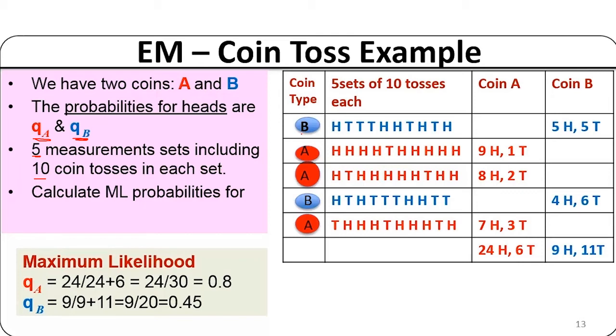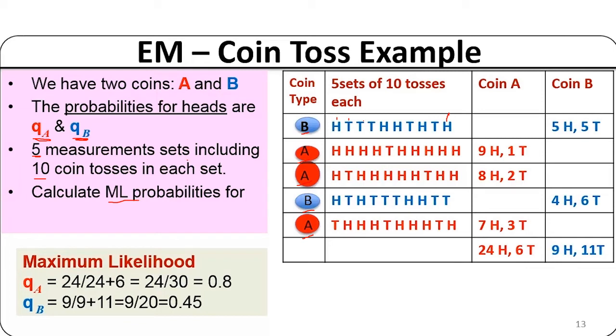So here you will find there are 5 sets: one, two, three, four, and five. In every set there are 10 tosses, 1 through 10, and we are going to find the maximum likelihood probabilities for the given sets.